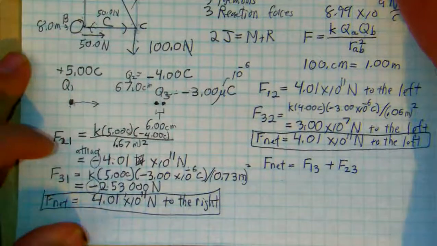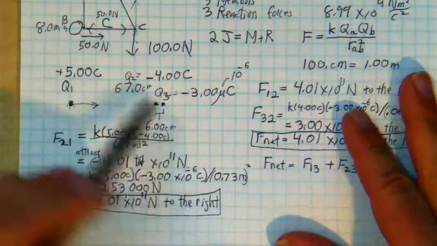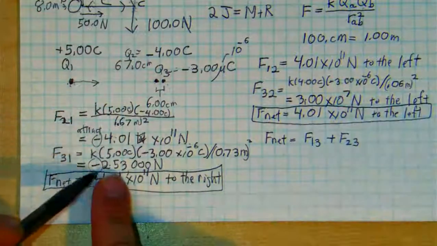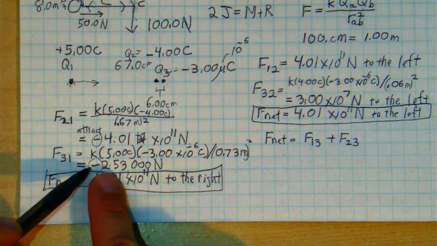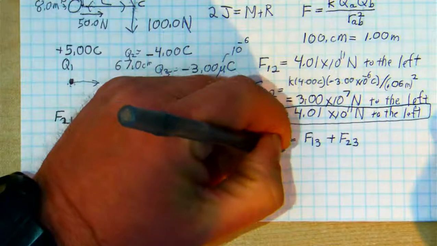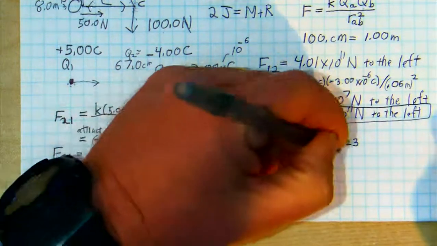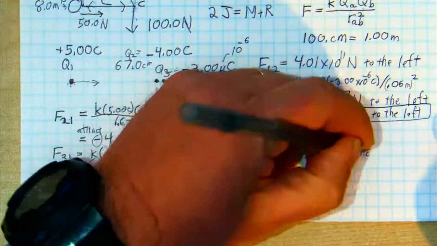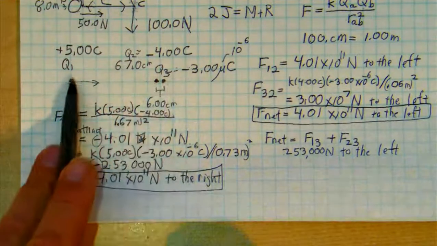Well, so here we go. Q1 and Q3, we already calculated that force was negative 253,000 newtons. The minus sign means attracting. So this is 253,000 newtons to the left because it's pulling Q3 towards Q1.